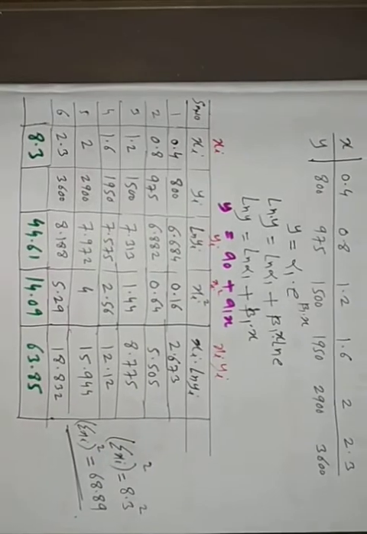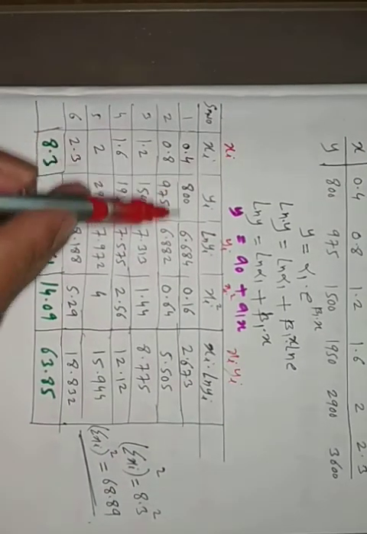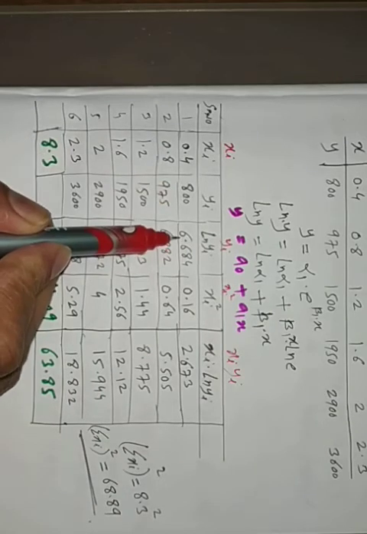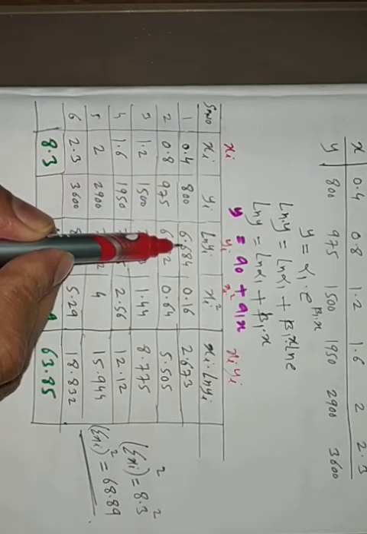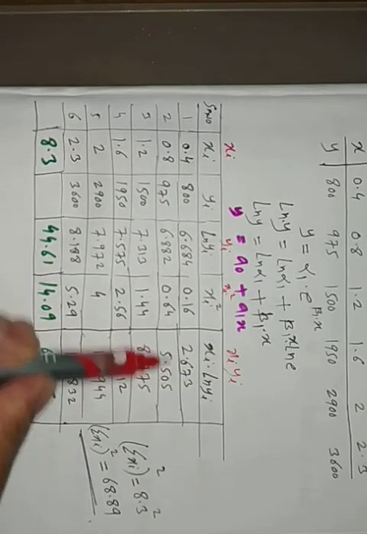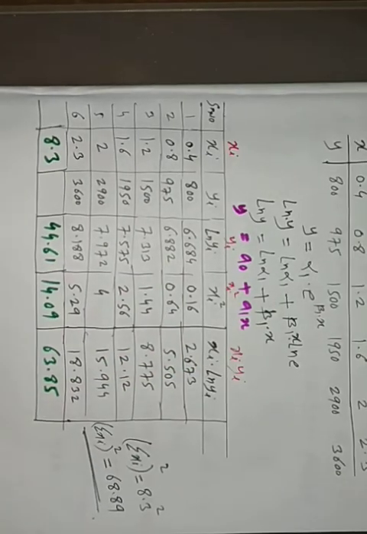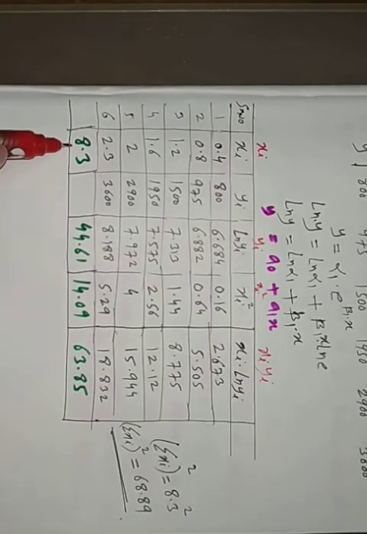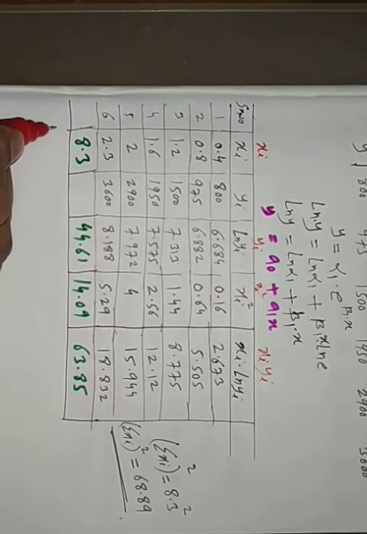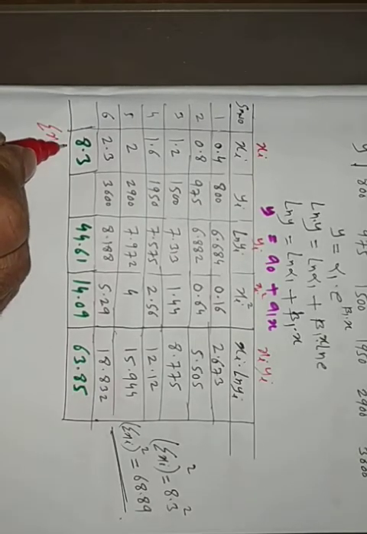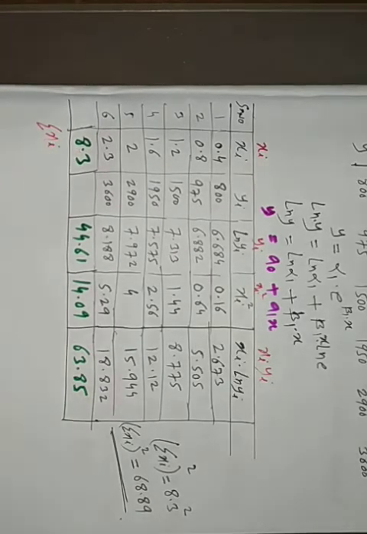Okay, so here we have taken log of this 800. It is natural log of 800, 6.684, then x square and xi, all these values are given in the table. Then finally here, what is this? This is the summation xi, 8.3.